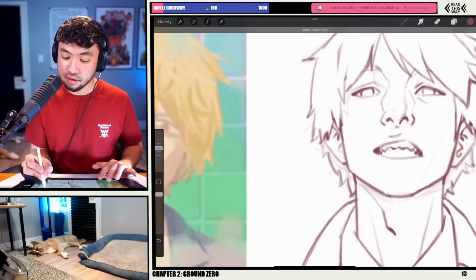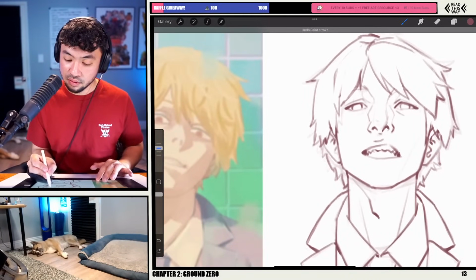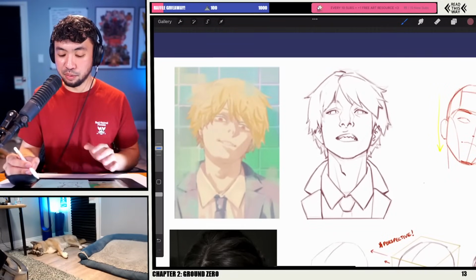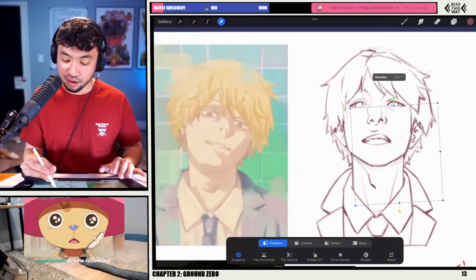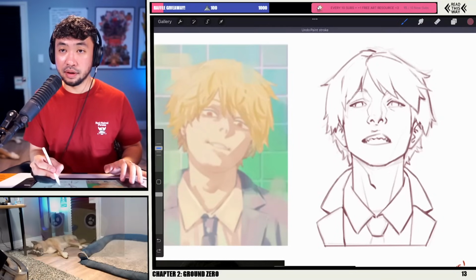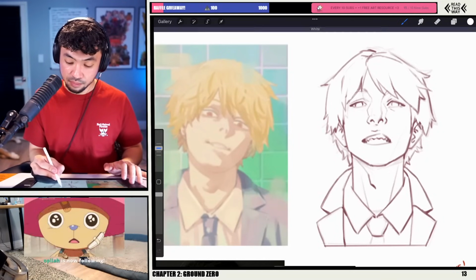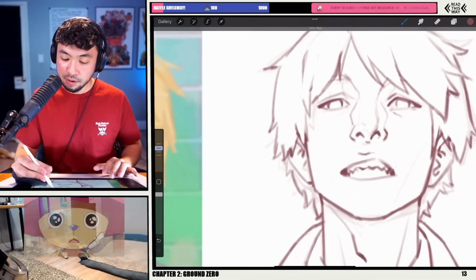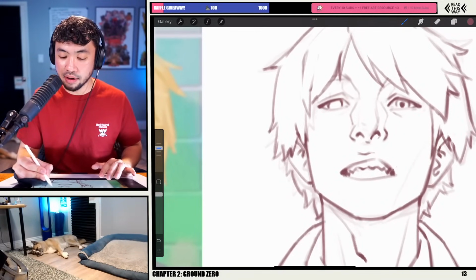Yeah, maybe something like this. And then if I tilt his nose a little bit, and if I rotate that mouth a little bit, that could be kind of cool. And then maybe if I make his eyes look like he's looking down at us.